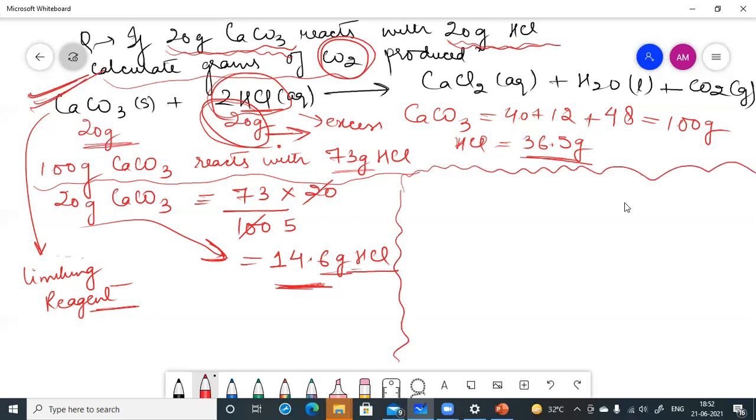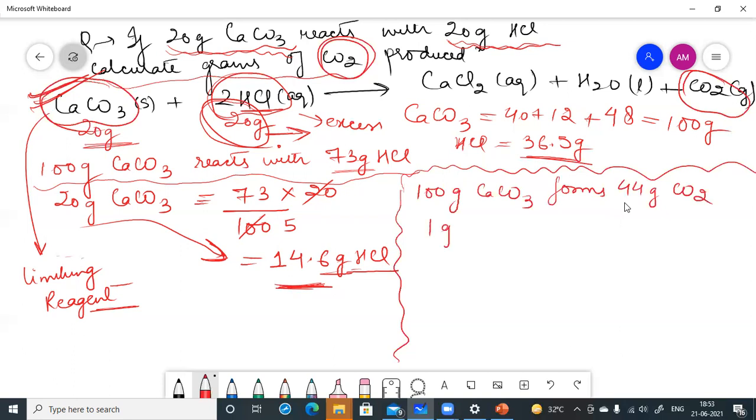So according to this reaction, 1 mole of calcium carbonate produces 1 mole of CO2. Okay? Is it visible to everyone? That means 100 gram of calcium carbonate forms 44 gram of CO2.